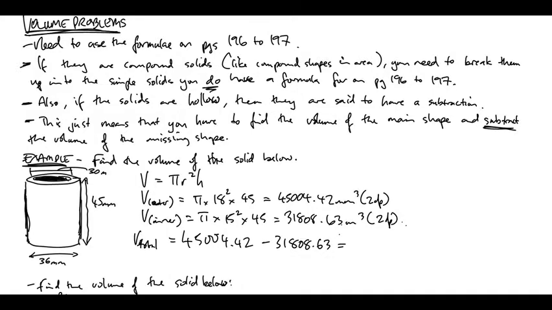So 45804.42 minus 31808.63 should come to 13195.79 cubic millimeters. Right. I need to say that there are approximations here. So that is a basic example of a subtraction.